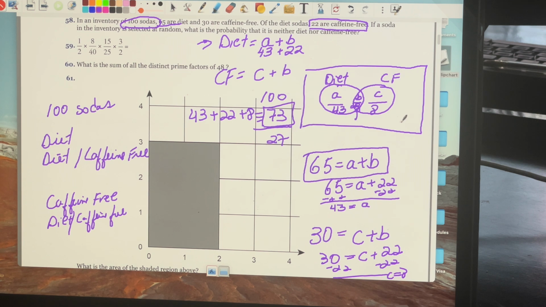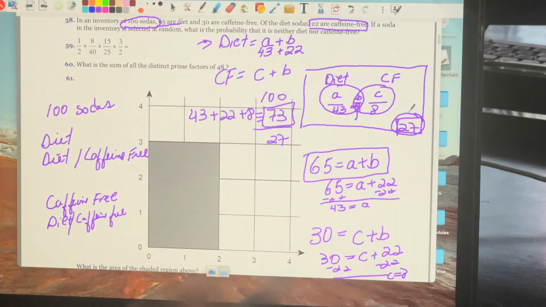Then we have 27 bottles over here that are, what do you call, neither. All right, so I think that's what the question is looking for: how many of these 100 sodas are neither diet nor caffeine free? So they don't belong in these circles. There's 27 of them. I don't know, there may be orange juice, or something like that.